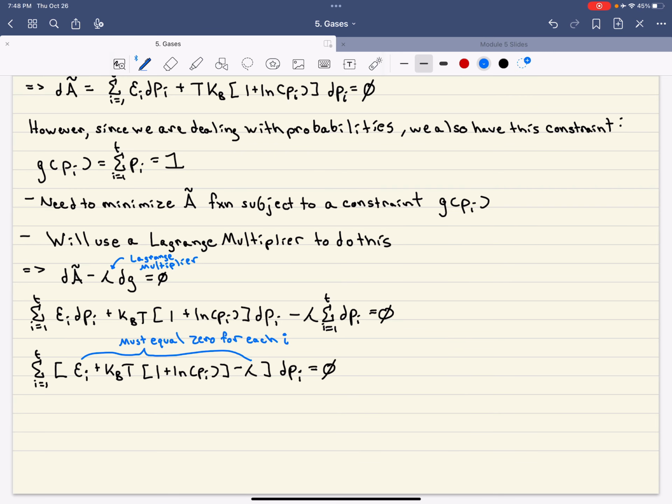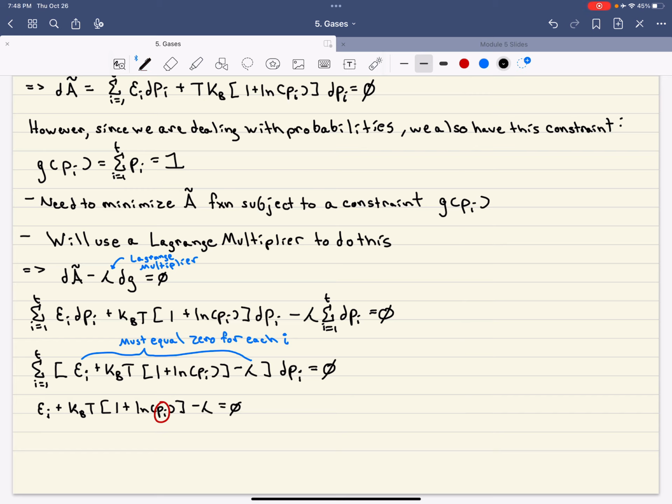Okay. All right, and so if we know that everything inside the brackets needs to be equal to 0, we could just write the equation like this: epsilon i plus kBT times 1 plus ln of pi, minus lambda, is equal to 0. In the end, what we want is the probability.